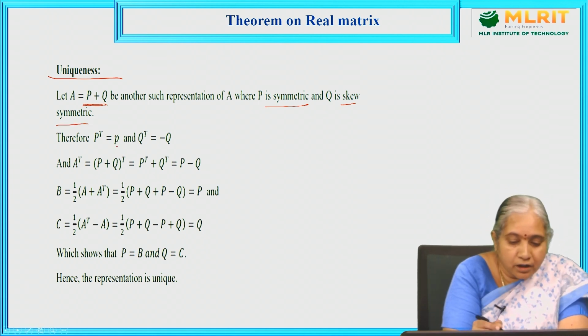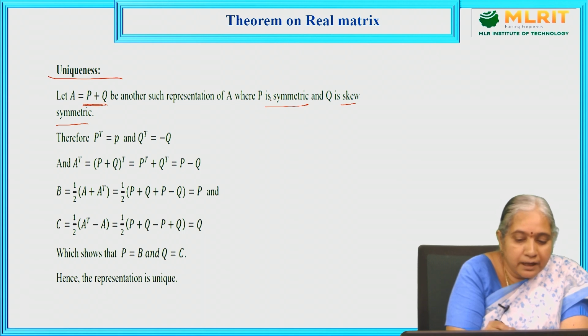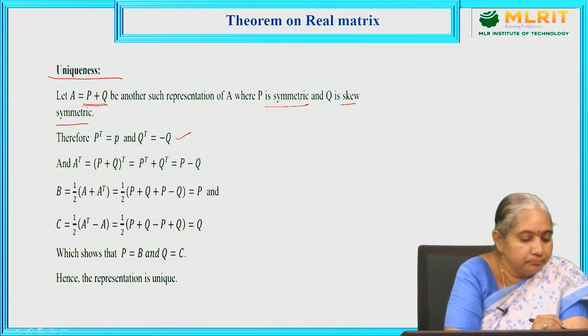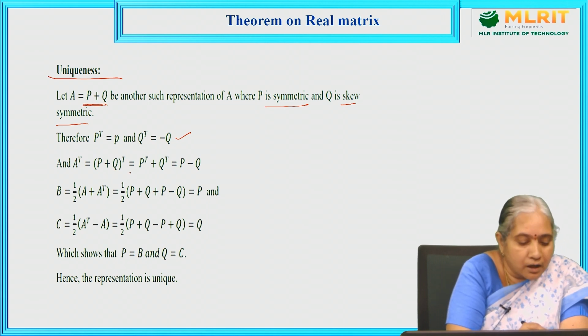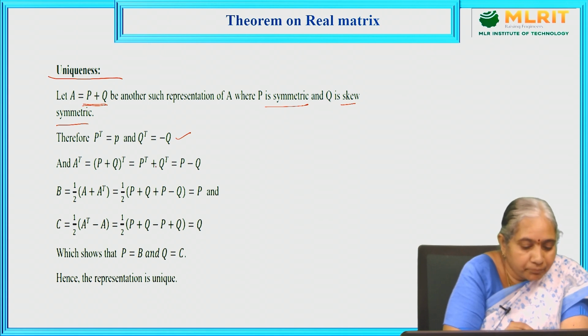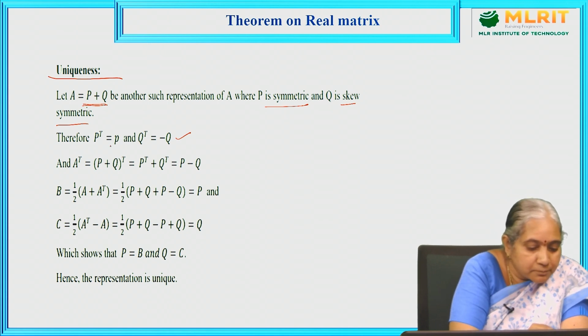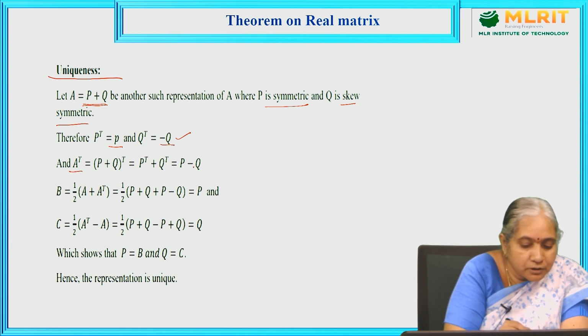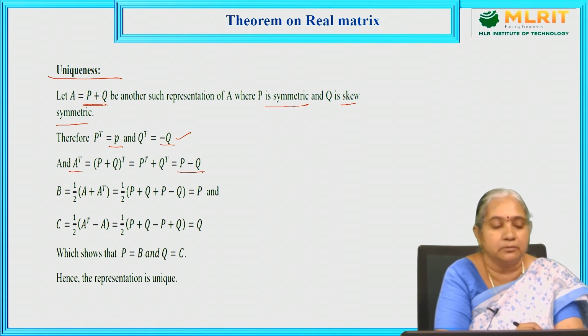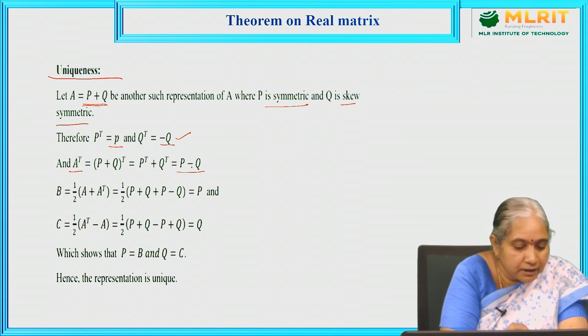The definition: P transpose equals P and Q transpose equals minus Q. Now A transpose, what is it? A equals P plus Q, so A transpose is (P plus Q) whole transpose, which is P transpose plus Q transpose, where P transpose is P and Q transpose is minus Q. So A transpose can be written as P minus Q.